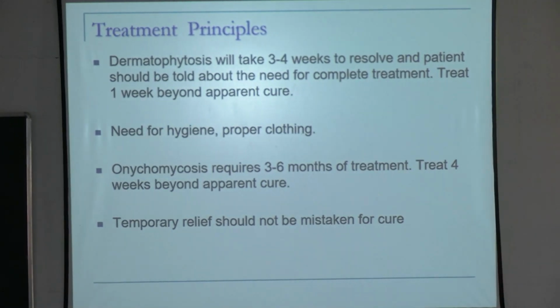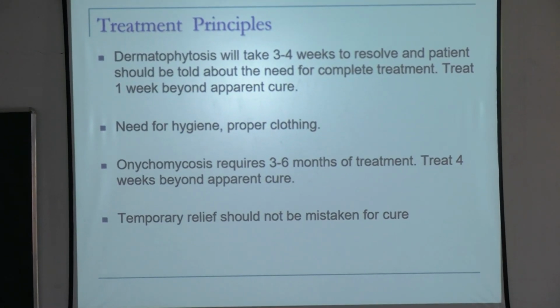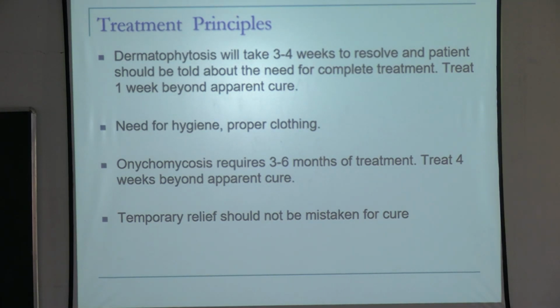Onychomycosis may require 3 to 6 months, and may take an additional 4 weeks beyond apparent cure. Temporary relief should not be mistaken for cure. Many patients using it for 5 or 10 days feel satisfied, there are no symptoms, and they stop the treatment. But what happens? Clinical cure and microbiological cure are different. The fungus is there but not showing symptoms. So you have to give treatment for a long time.